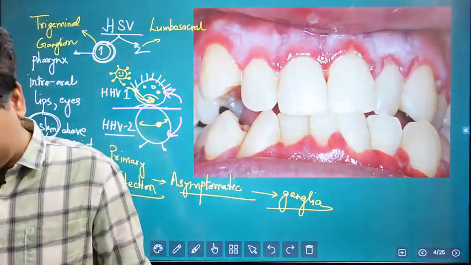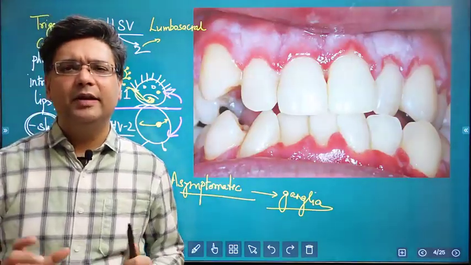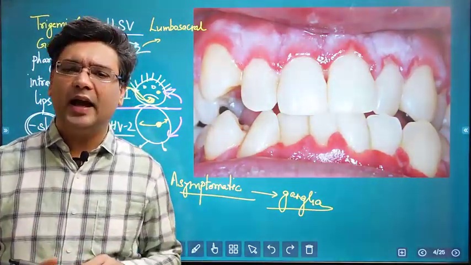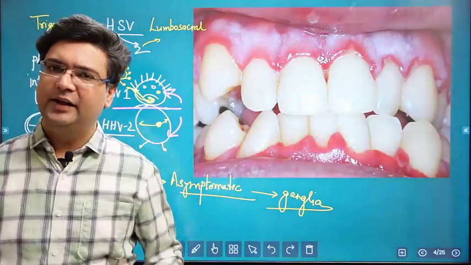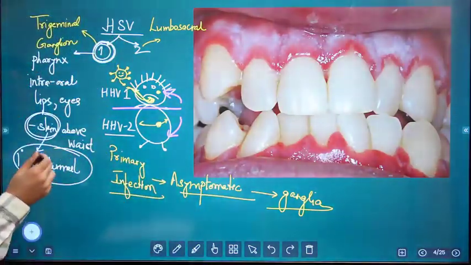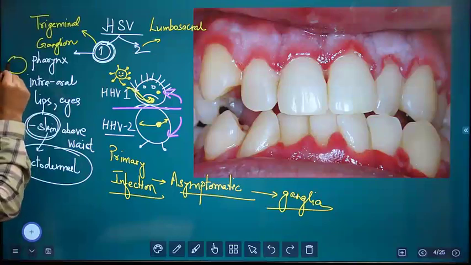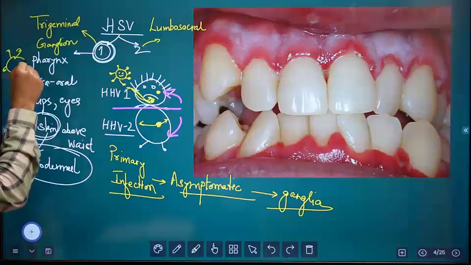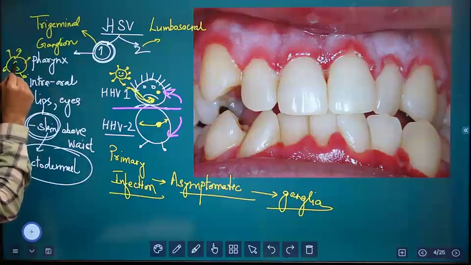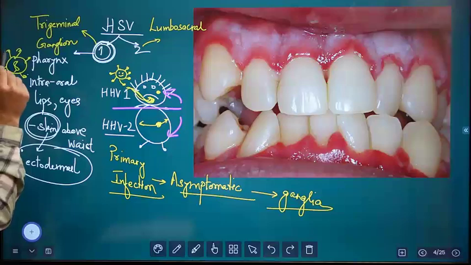Now what happens when the virus is residing in the ganglion, it is generally the viral DNA which lives there in the ganglion. Always remember that this is the virus, and let me just draw the virus. This is the virus, and the virus is going to have DNA as well. Generally the virus doesn't live inside the ganglion.